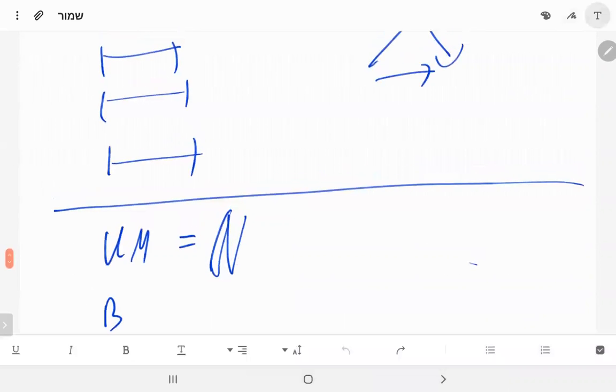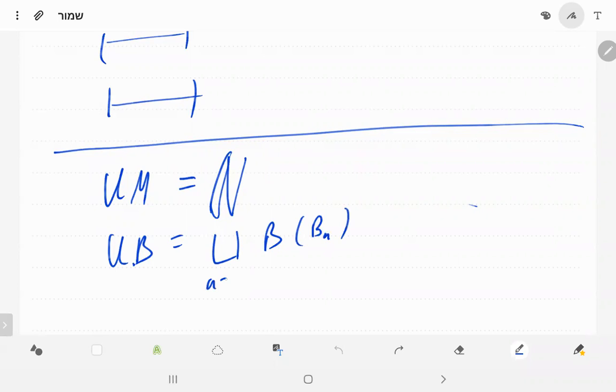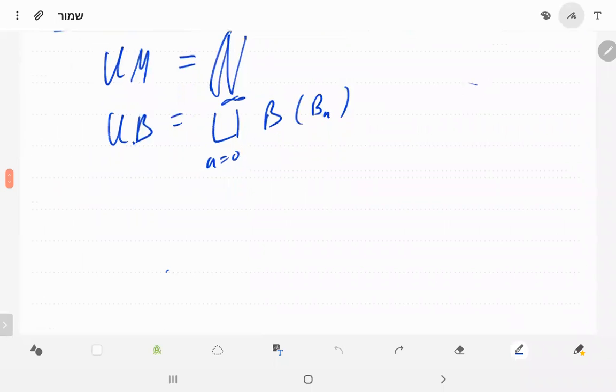So the universal braided category, this is interesting. It is basically the disjoint union of BBn. So what is a way to think about it? For each n, we have one object, which you can represent by n points.